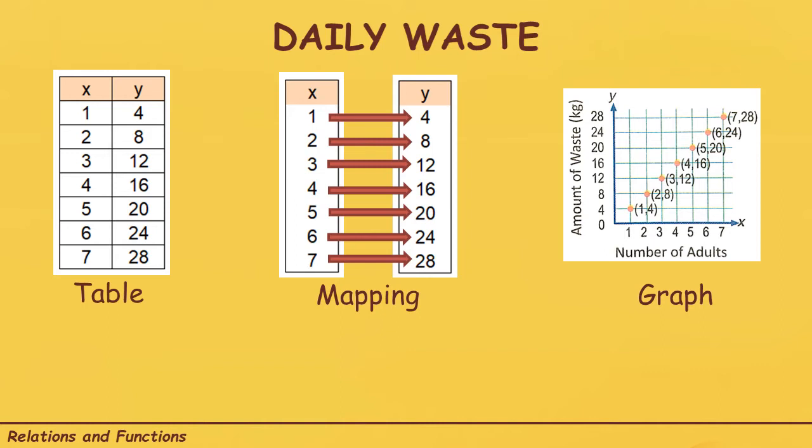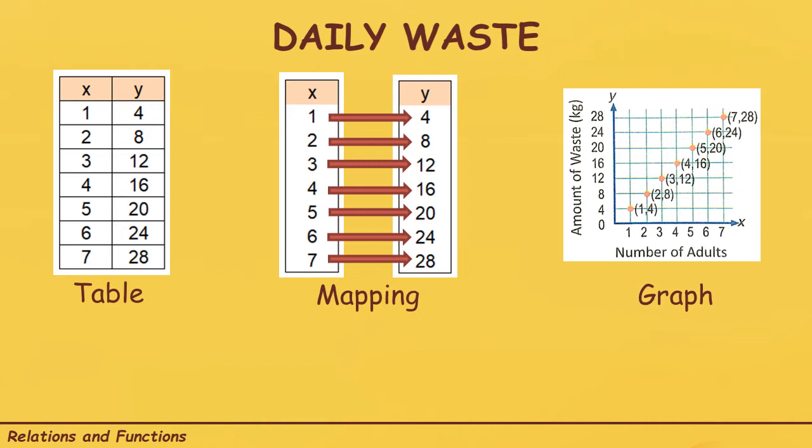Okay, so dito naman sa ating y-axis, makikita yung amount of waste. Oh, that is in kilogram. So makikita natin, meron na kagad tayong 4, 8, 12, 16, 20, 24, 28, so on and so forth. At naka-plot yung ating mga points, which is 1, 4. Yung 1-4 natin, saan nanggaling yan?